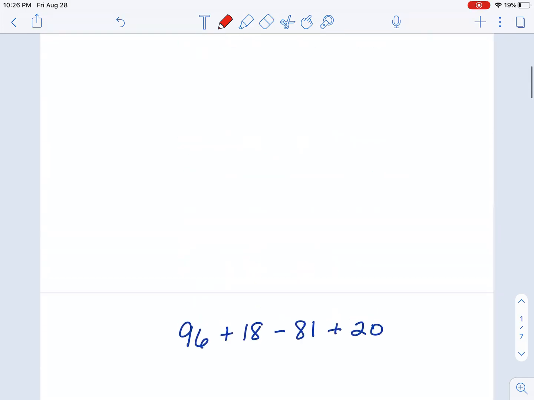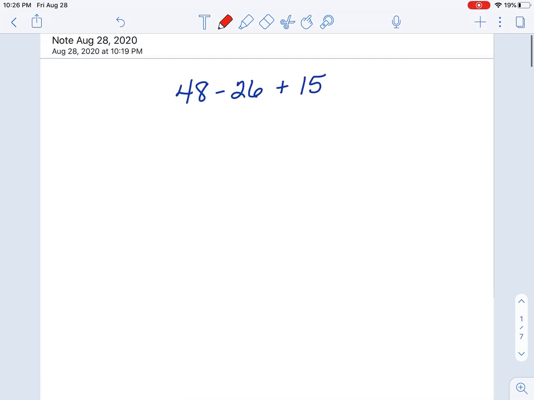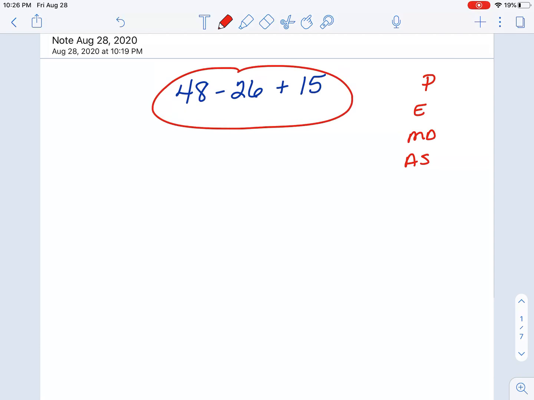So let's go up here to the first one. And I suggest that before you do any problem, you write down this PEMDAS, and go through and ask yourself, okay, looking at this problem right here, is there any parentheses? No, there's not. Is there any exponents?